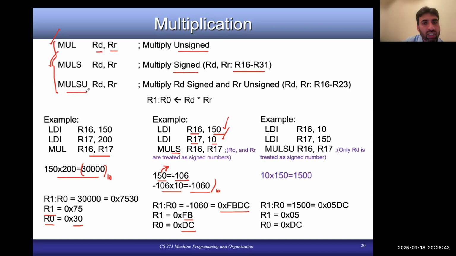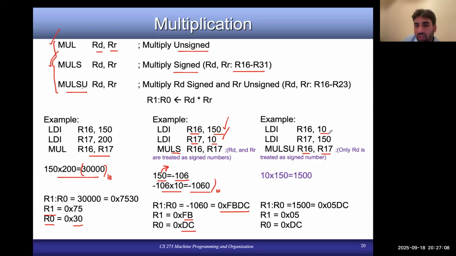Last version is multiply signed and unsigned. This is the case where one of your operands is signed and the other is unsigned. You use this one when only your source operand is treated as a signed number, this one, and this is your unsigned number. Everything else is the same. For example, you are putting 10 here, 150 here.